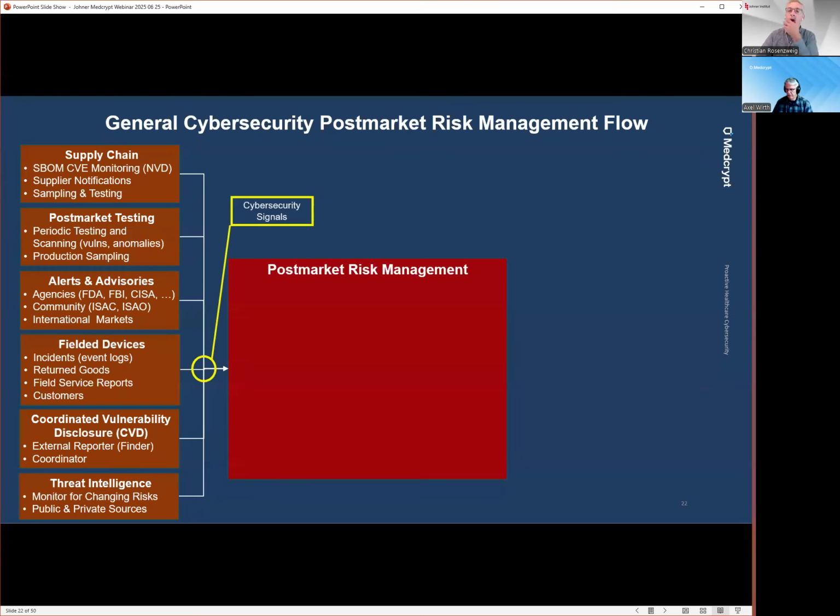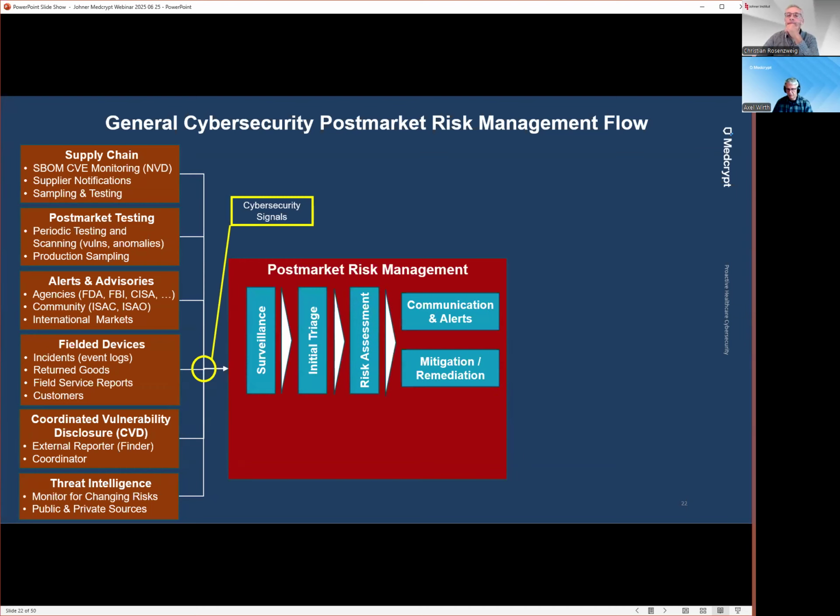And again, collectively, all of those are referred to as cybersecurity signals that then go into your overall post-market risk management process, where you conduct your surveillance, you perform a triage, you assess risk, and then you communicate and mitigate accordingly. In some cases, you may conduct some interim action.